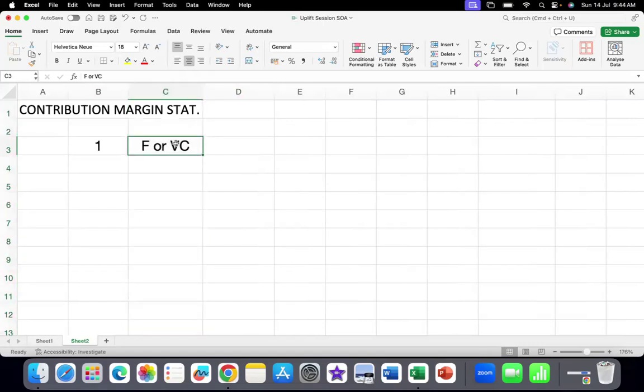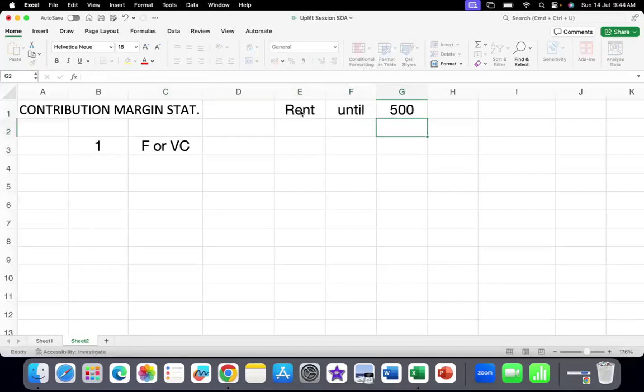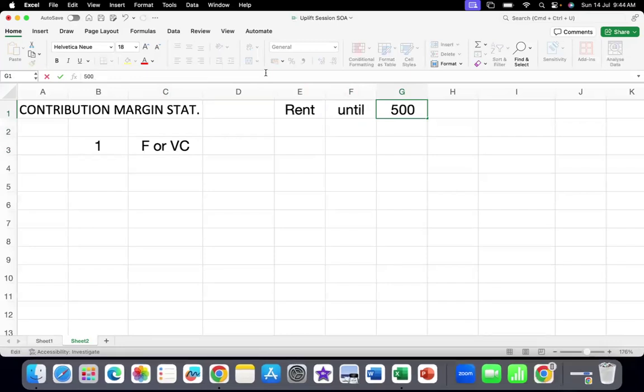semi-variable or variable, because even if your question tells you that, say for example, the rent cost until 500 square feet would be fixed, and then for every 100 square feet it increases.